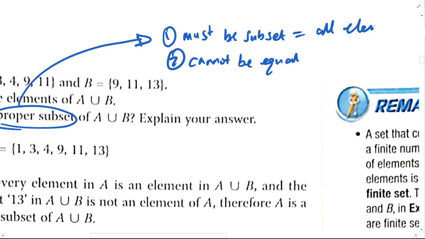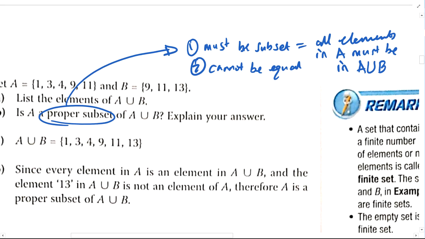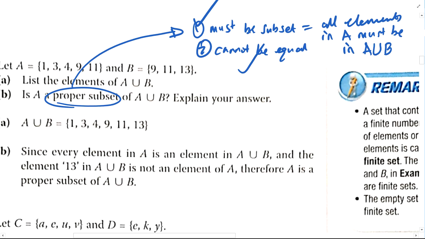All elements in A must be in, this time, A union B. So we ask ourselves, are all the elements of A found inside A union B? Yes, it is. First condition met. Second condition, cannot be equal. Are they equal? No, they are not equal. Second condition met. So it is a proper subset.